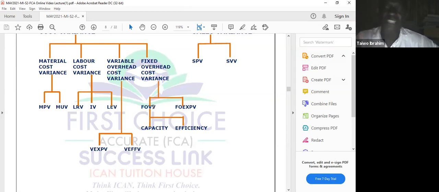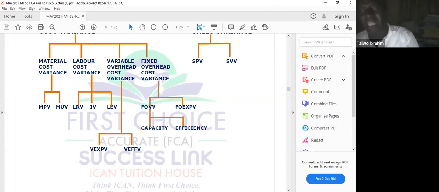If fixed overhead is over absorbed, the profit will drop. If the fixed overhead is over absorbed, that means the cost will be increased, and the profit will be what? But if the fixed overhead is under absorbed, what happens? It means the profit will go up, and that affects the profit of the organization.